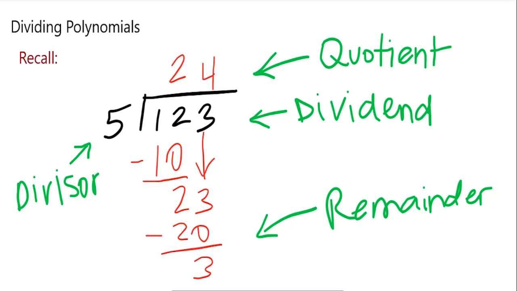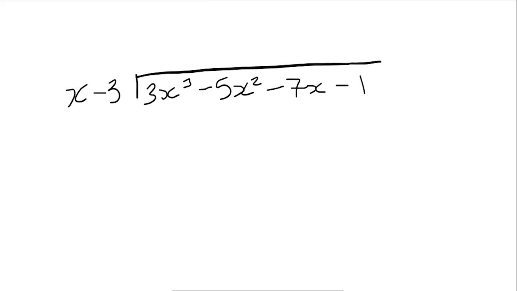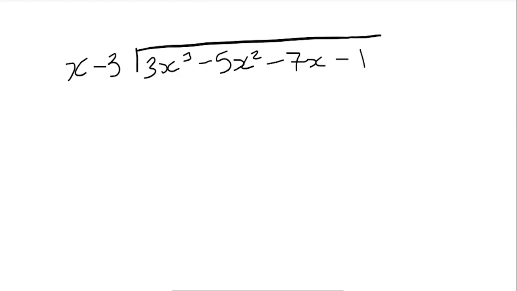All right, now we're going to take a look at dividing polynomials. As you can see, it is slightly more complicated. So what we have here is 3x cubed minus 5x squared minus 7x minus 1, all divided by x minus 3. So what do you want to do first? You want to see what multiplies with x to give 3x cubed. So what is it?